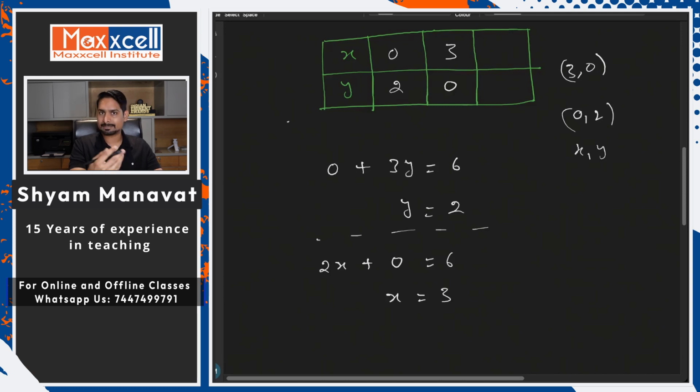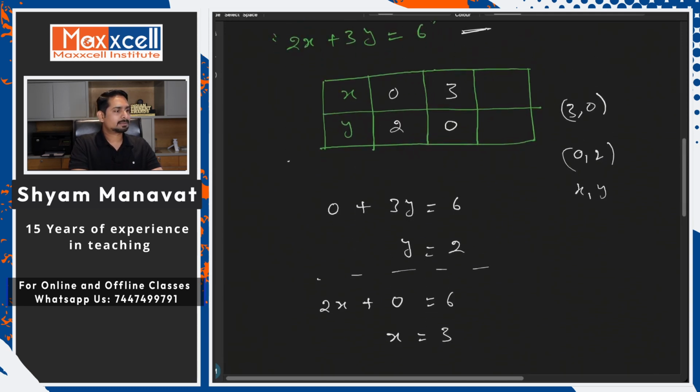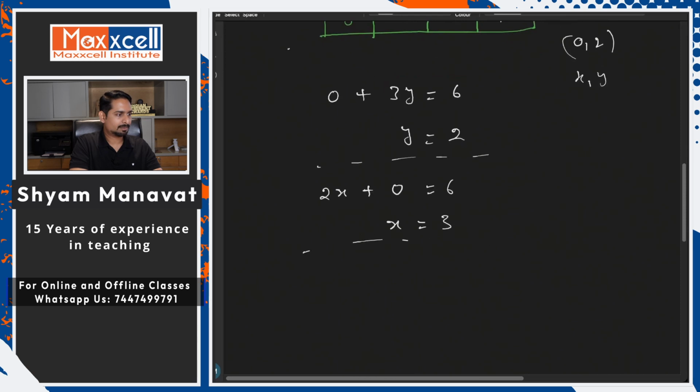Always write in terms of x comma y. Now one more point, I leave this on you. What do you want to assume? Okay, if you take y equal to 1, what will happen? You will have 2x plus 3 into 1 equal to 6.